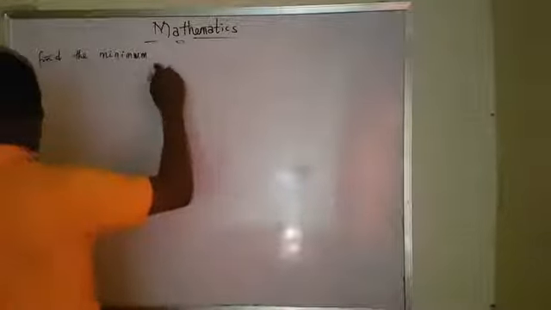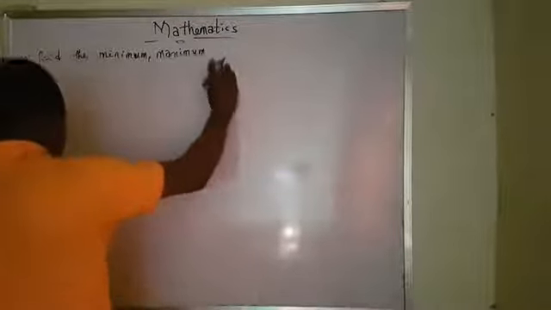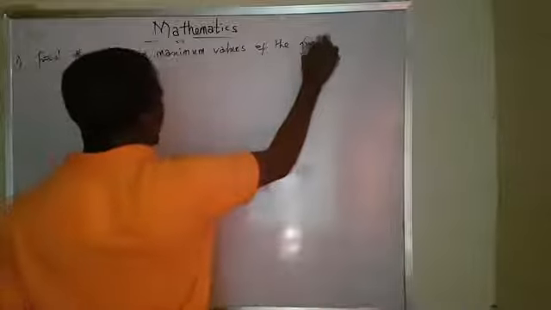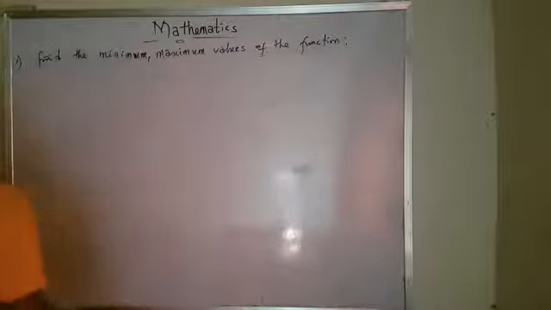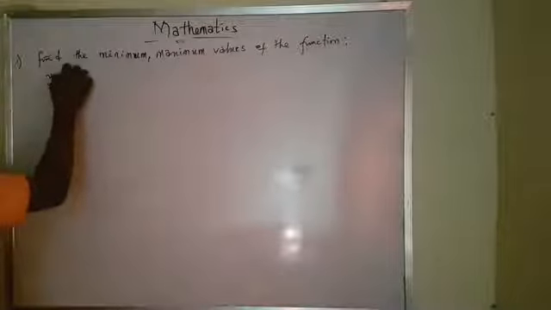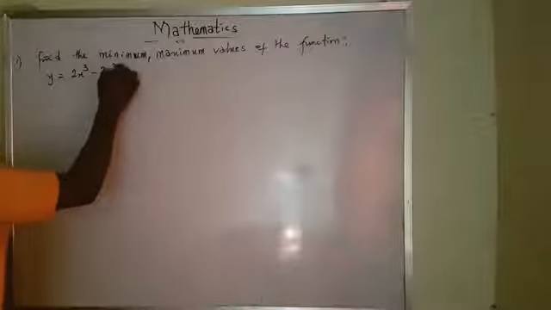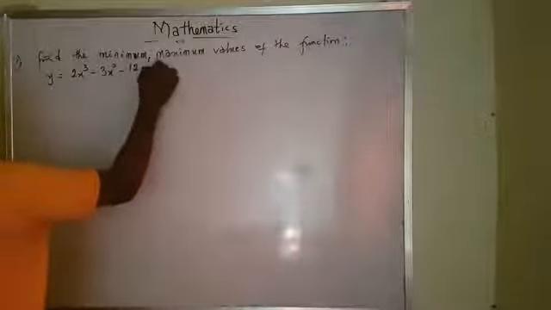And space. So the question says, find the minimum and maximum values of the function y equal to 2x cubed minus 3x squared minus 12x plus 8.